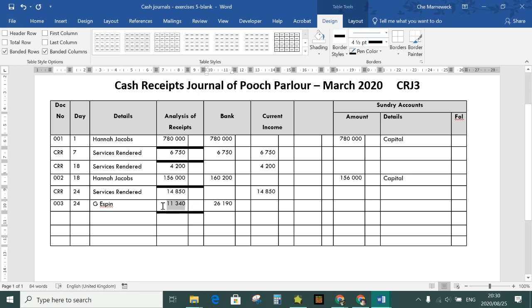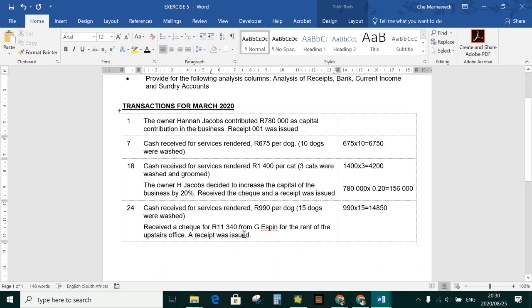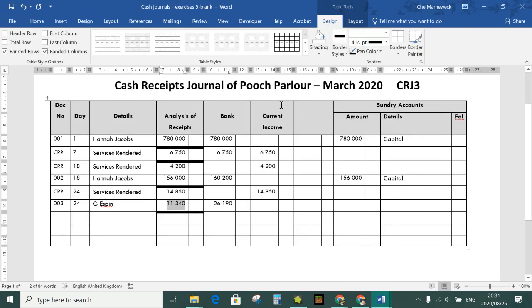What was that 11,340 Rand for? Rent. If we receive money for rent, that would be rent income. That column doesn't say rent income, so we're going to record the 11,340 in sundry as rent income.